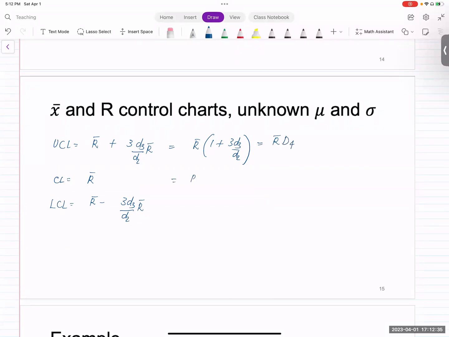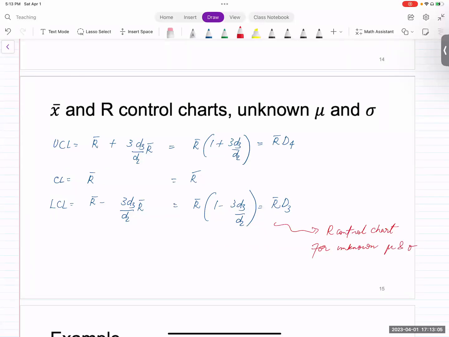Your center line is still just R bar. Your lower control limit is R bar times 1 minus 3 d3 divided by d2, which is R bar times D3. Right? And so now this is your R control chart for unknown mu and sigma.